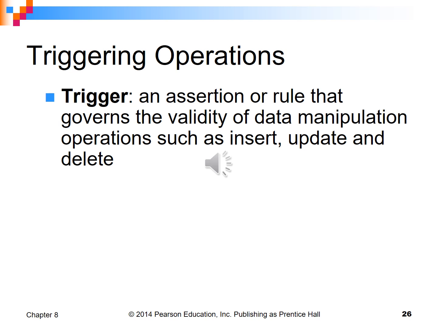As we say here, it is an assertion or rule that governs the validity of data manipulation operations such as insert, update, and delete. So we put a piece of logic in the database definition. The trigger can be an on-insert trigger: when you insert a record there, you should do something else somewhere else, or in two or three places.